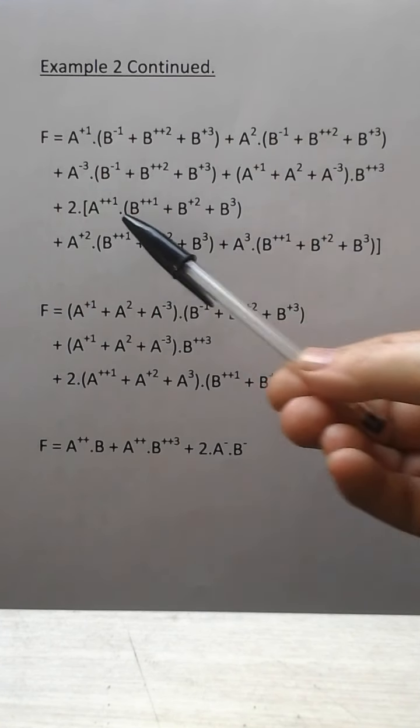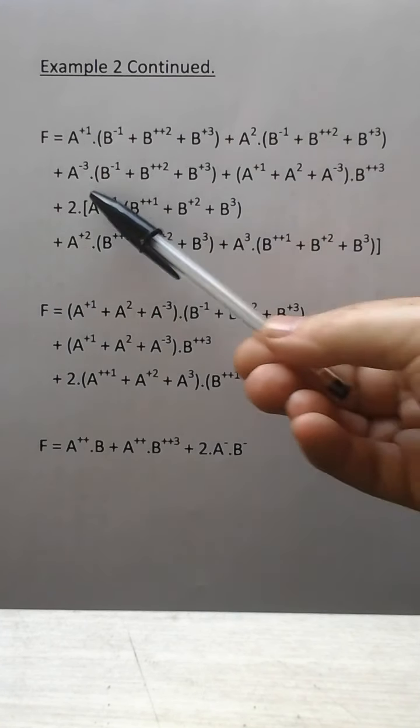So I've factorised the A plus plus 1, the A2 and the A3 there. And what have I done with that? These are the same here, so I've factorised the A plus 1, the A2 and the A3 there, and I've left that alone.